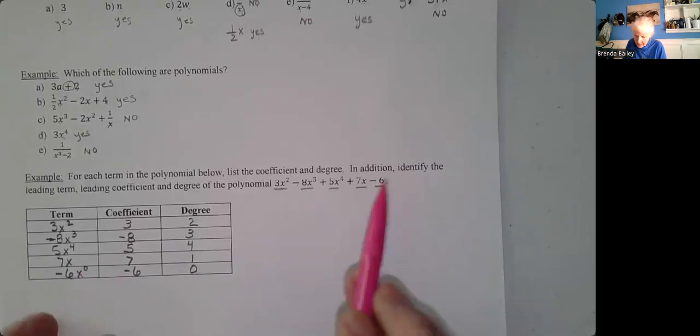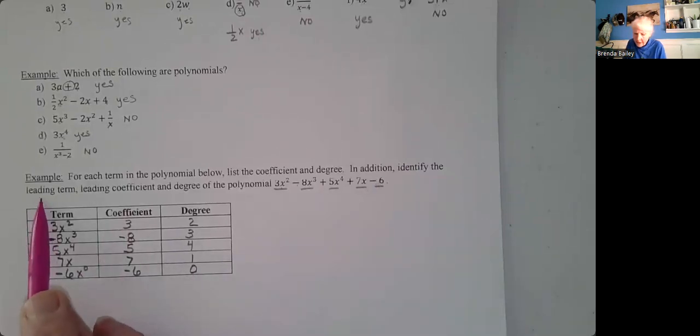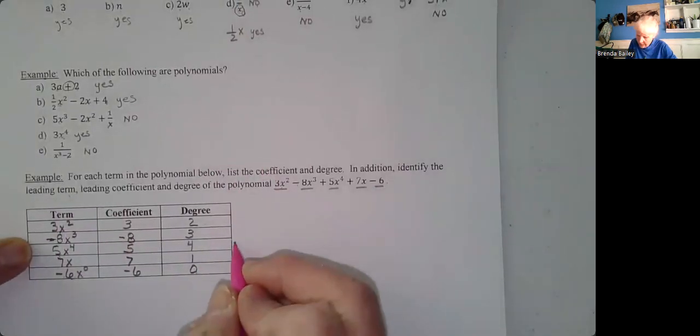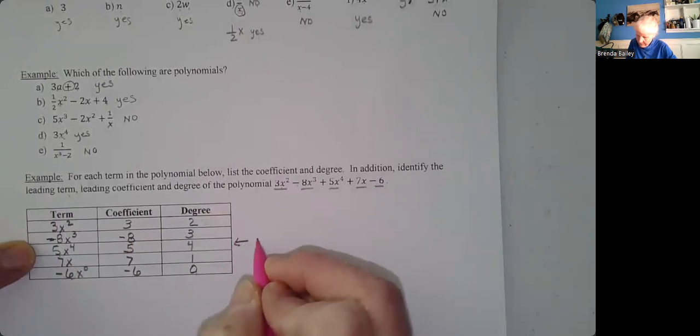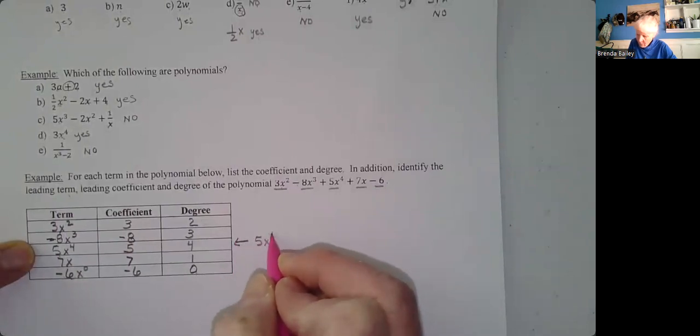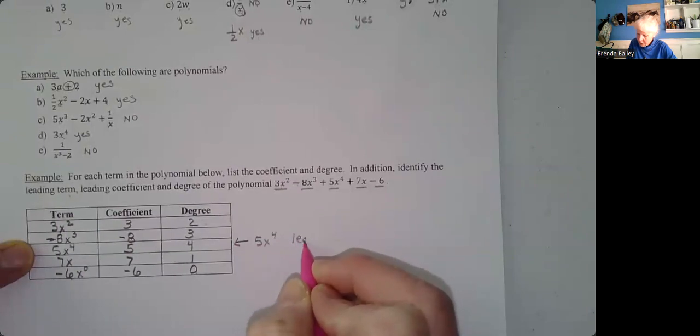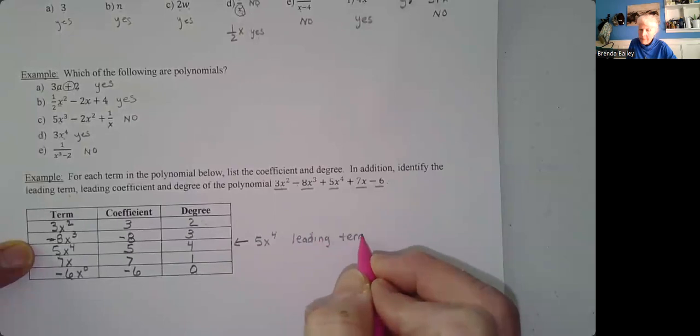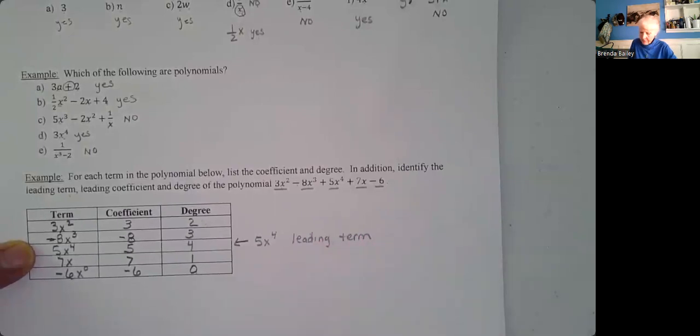Now, one thing they wanted here is to identify the leading term. The leading term is the one with the highest exponent. It's the highest degree. So this one here, 5x to the 4th, is our leading term. And normally, they may want you to write this in decreasing order, and we'll do that here in a minute.